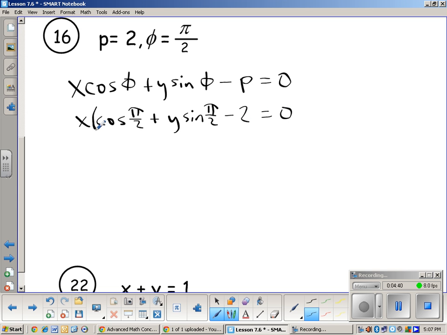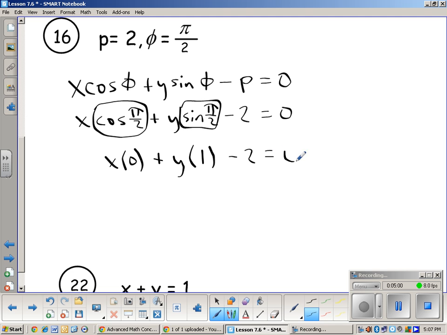And so now we have to use our knowledge of the unit circle and say, what is the cosine of pi over 2? The answer is 0. What is the sine of pi over 2? The answer is 1. And so when we simplify, this cancels, and I get y minus 2 equals 0. And that's in standard form.